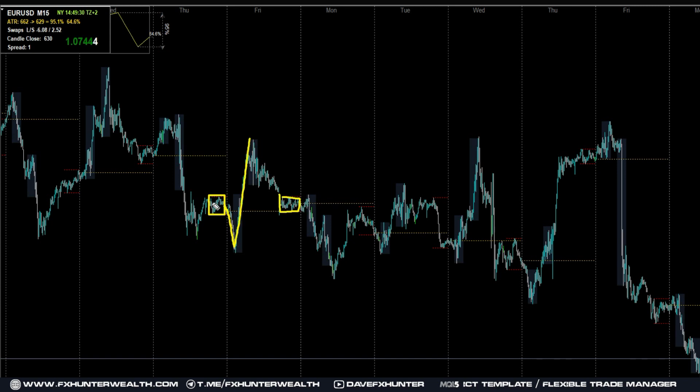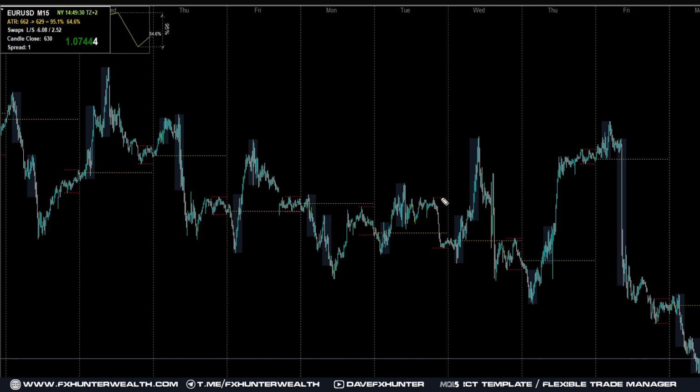Or in other words, accumulation, manipulation, distribution, right? And again, we have accumulation, manipulation. We know that after the consolidation, there cannot be a reversal, right? So above this false break is what? Manipulation, false break, and distribution, right? Again, we have a what? Consolidation or accumulation, manipulation, distribution, right?